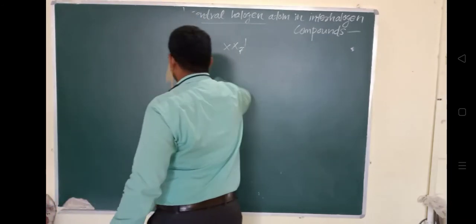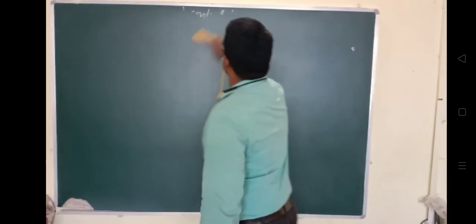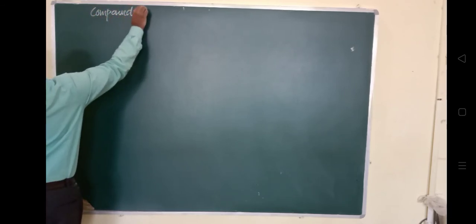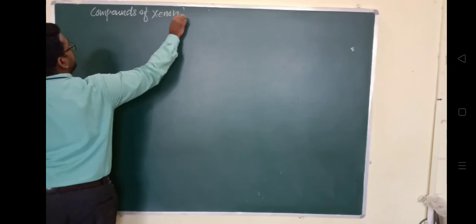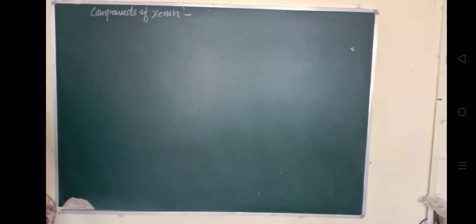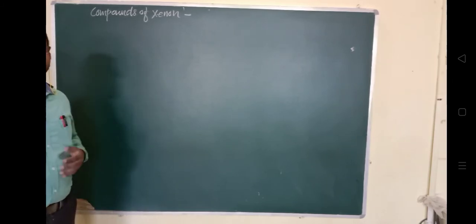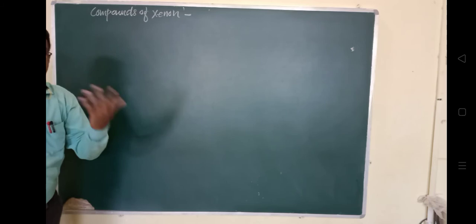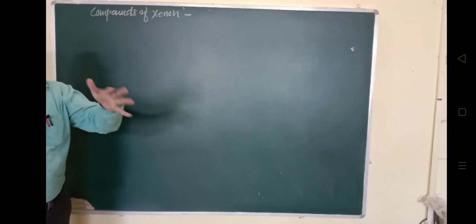But the question that will come to your mind is: why, sir, have we not taken the other elements of group 18? They are inert. If you look at the ionization enthalpy provided in table 7.4, you will observe that the ionization enthalpy for helium, neon, argon, krypton is very high, and for helium it is very high indeed.